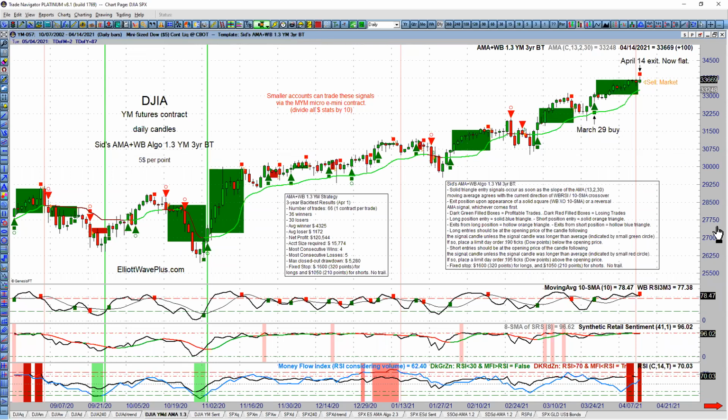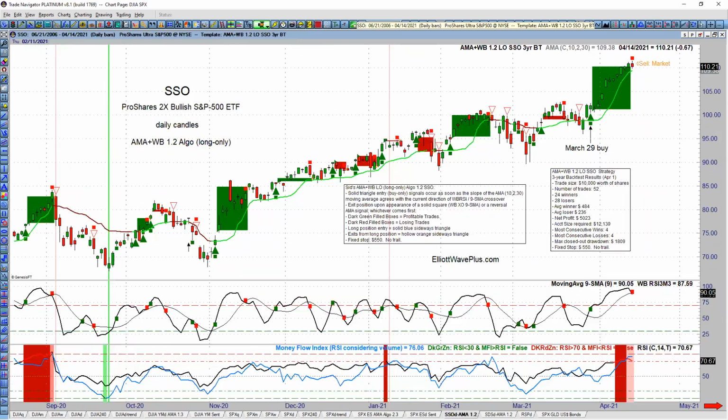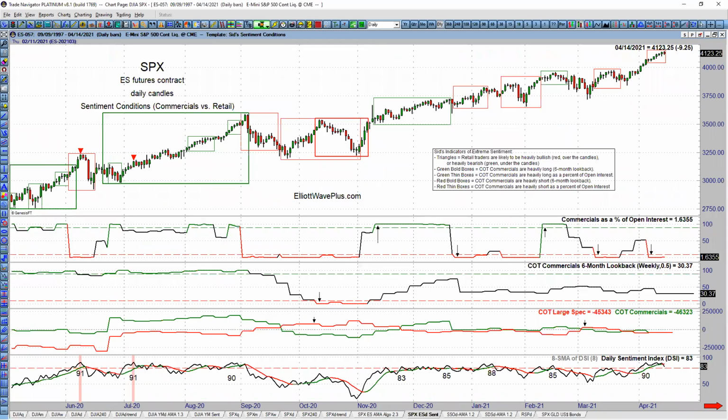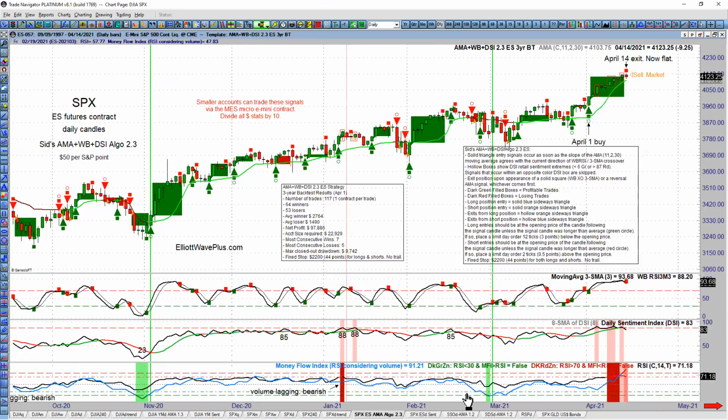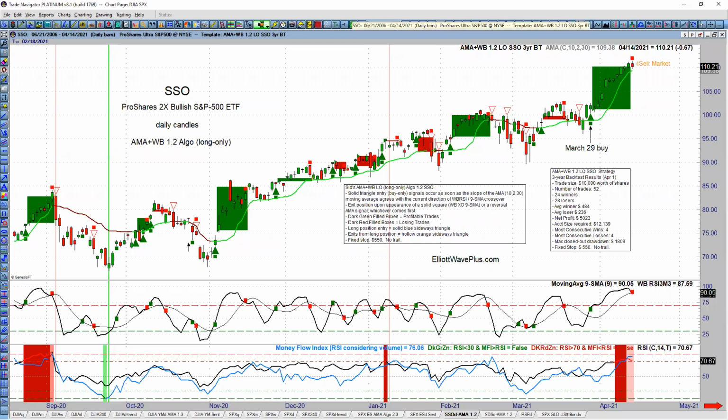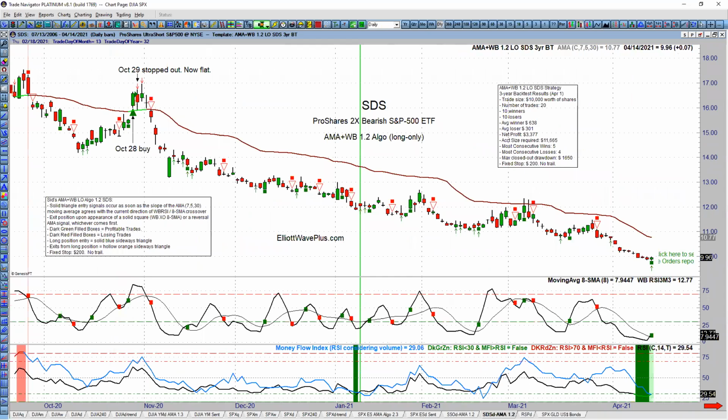And some of them are based on futures contracts, and others are using, for instance, on the S&P, we cover and send out nightly signals on the ES futures contract, but also on SSO, a 2 times bullish ETF, or SDS, a 2 times bearish ETF.